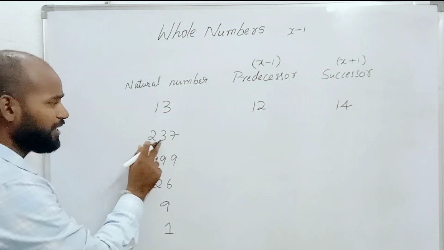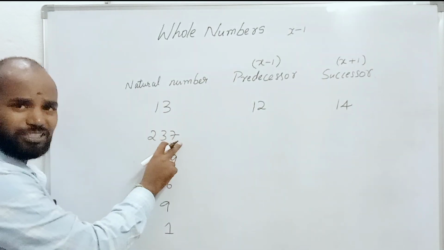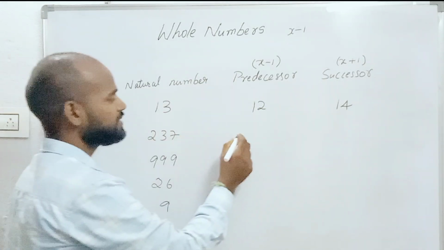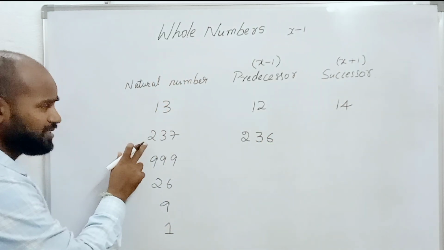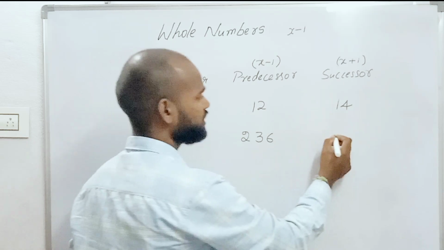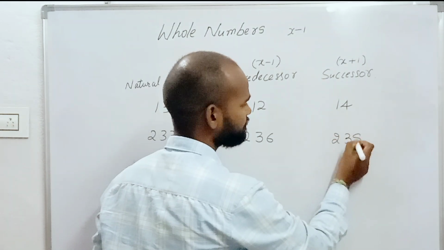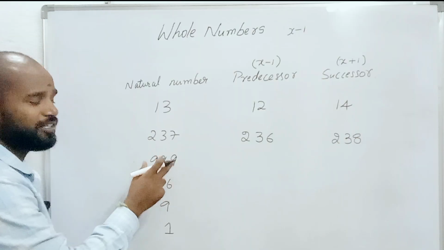Next, 237. The predecessor is 237 minus 1, so 236. The successor is the next number, 238. Next one, 999.